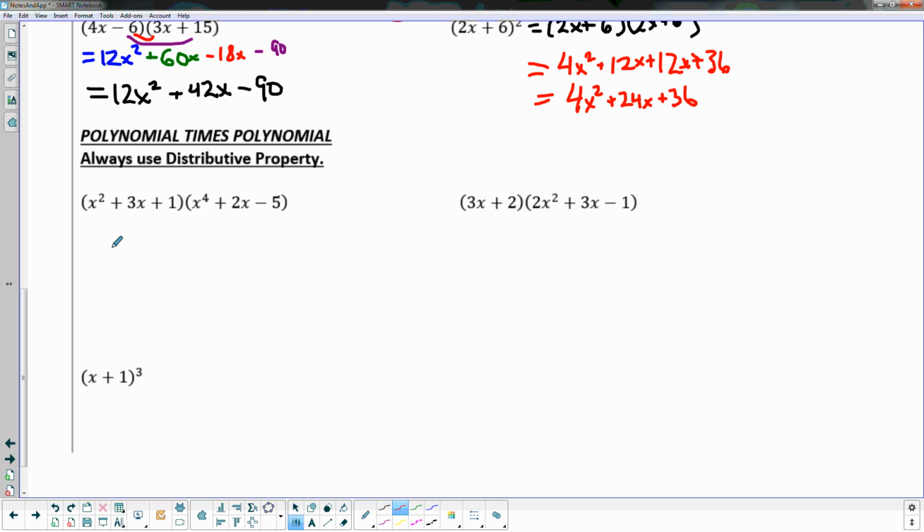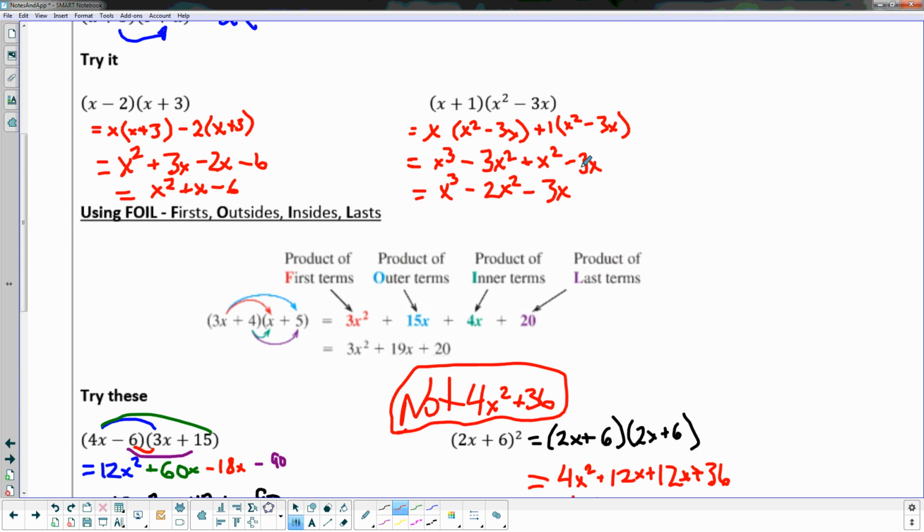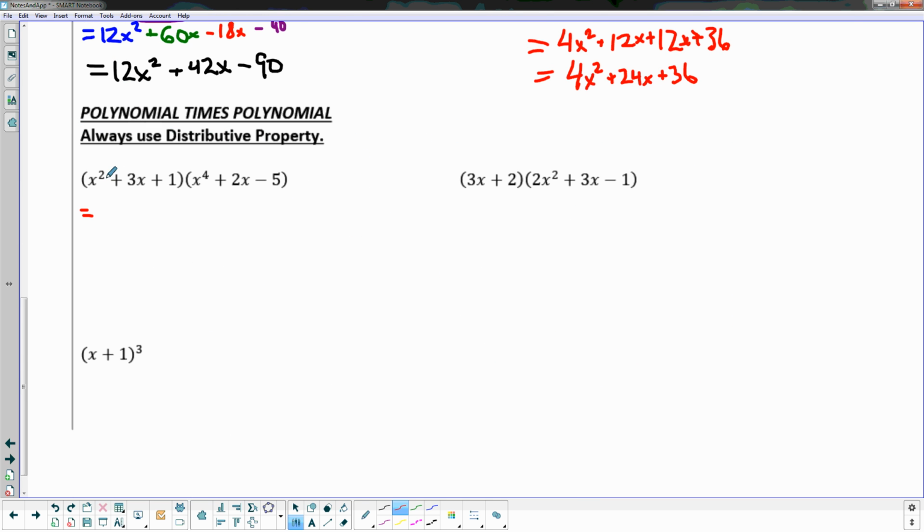Now, we'll try to do these a little bit quicker. If I have any bigger one thing times another thing, I'm always going to have to use the distributive property. Here's what I do to try to cut down the number of steps, because back when we used distributive property up here, it looked like a lot, right? But here's what we did.